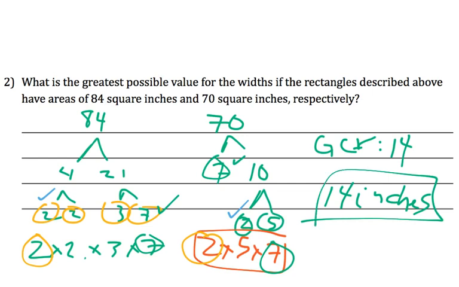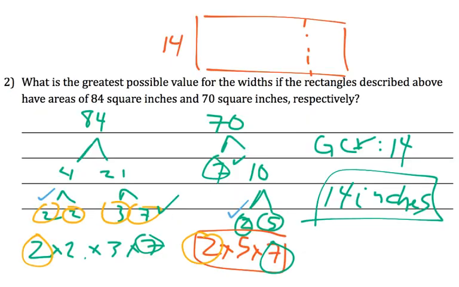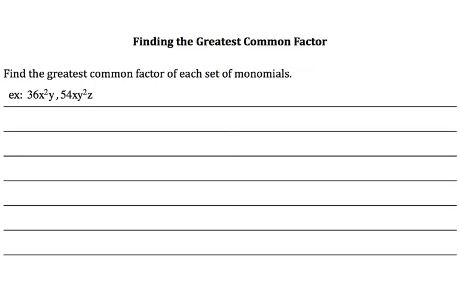And what that means is if I had two different rectangles, maybe one would be a little bit shorter than the other, but they both would have a matching side of 14 inches. We could have done this problem the same way by listing this off. And a friendly reminder, if the greatest factor is 1, that tells you that they are relatively prime.